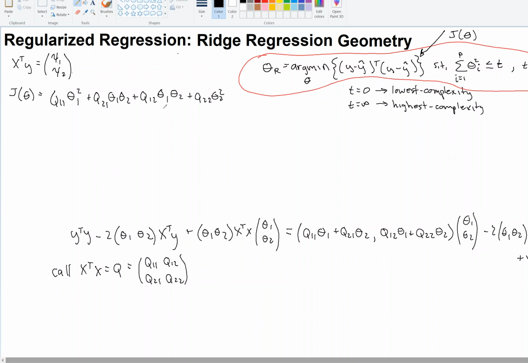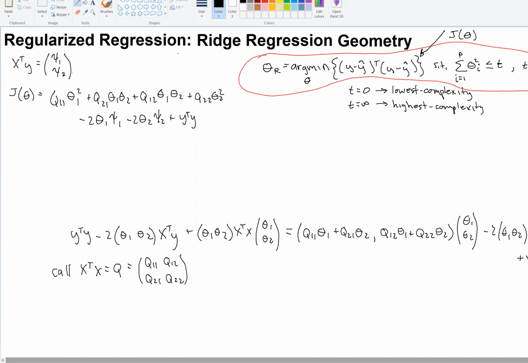Then I've got minus 2 theta 1 psi 1 minus 2 theta 2 psi 2 plus, and then we've got y transpose y still. And y transpose y is just a constant, right?